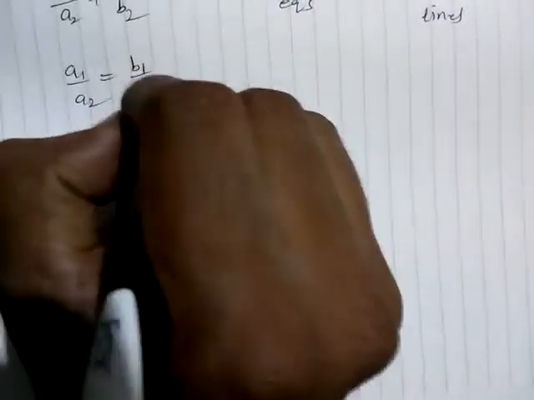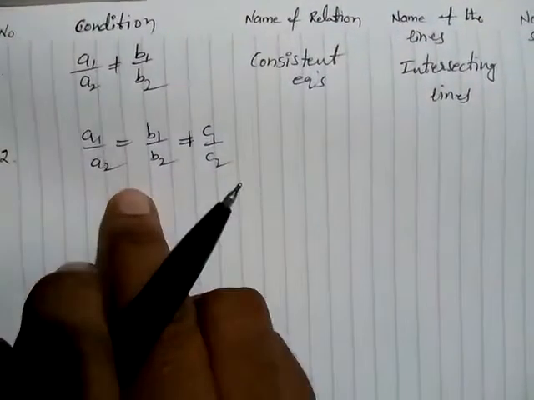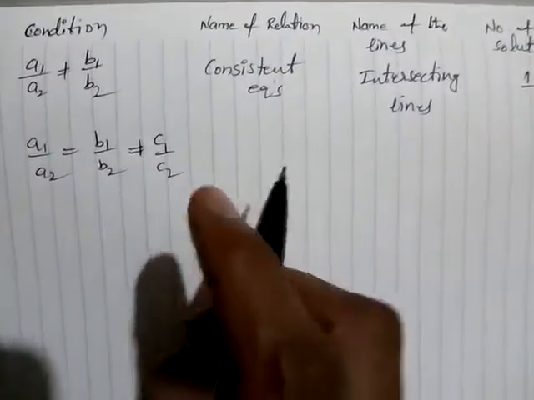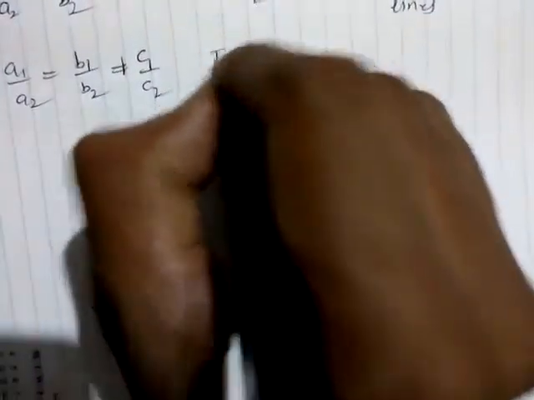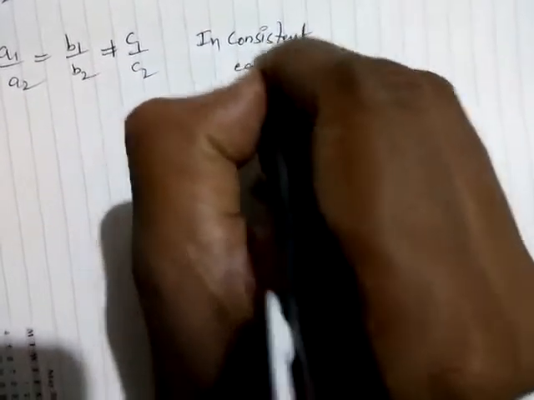Second one, a1 by a2 is equal to b1 by b2 not equal to c1 by c2. What is the name of the relation? Inconsistent equations. Name of the lines?